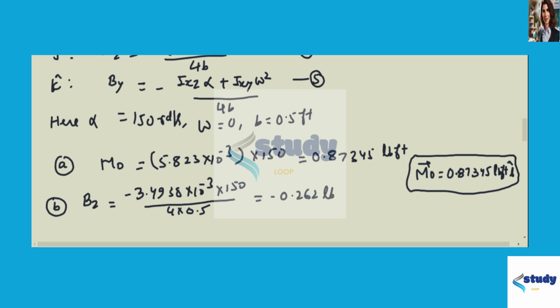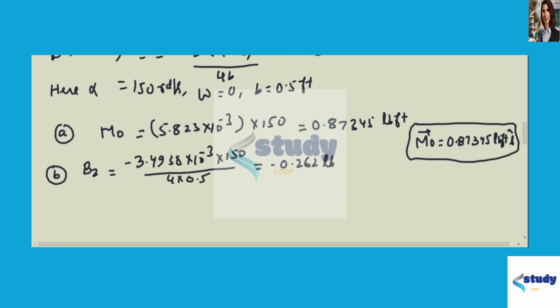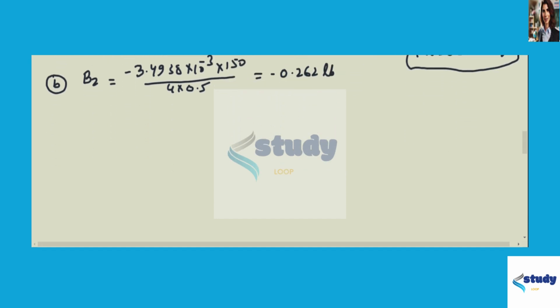Similarly, you can find By, minus 2.9115 into 150 minus 0 upon 4 into 0.5. So this will be 0.218 pound.